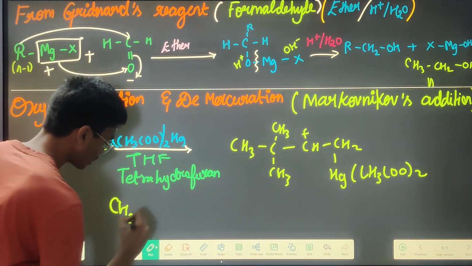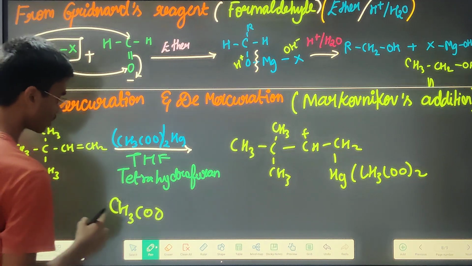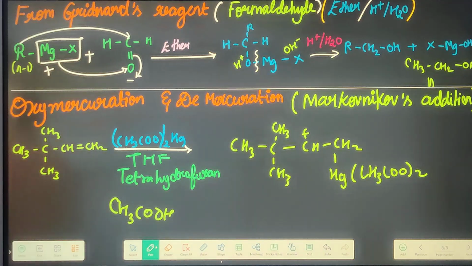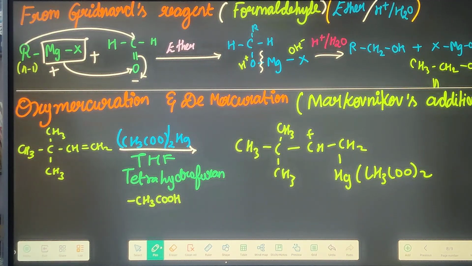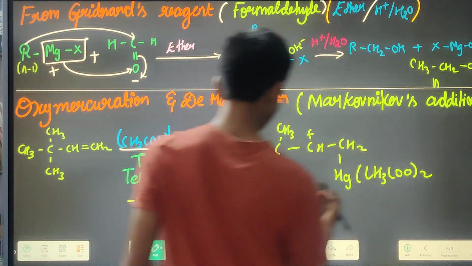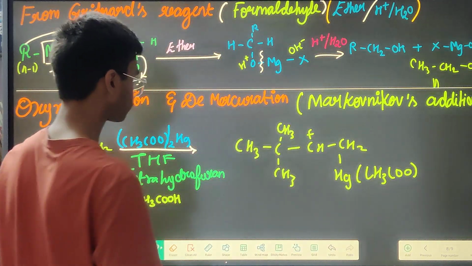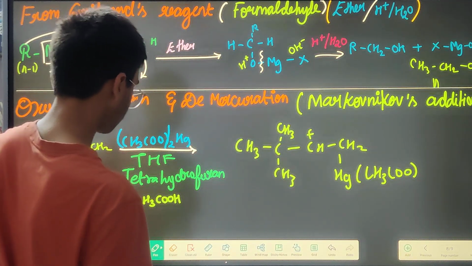So among that only one CH3COO, then one hydrogen. So one hydrogen they will become, and then they will be going out as your carboxylic acid. Then you will be getting a compound like this. One second, here 2 will not come now. So this is what you will be getting.